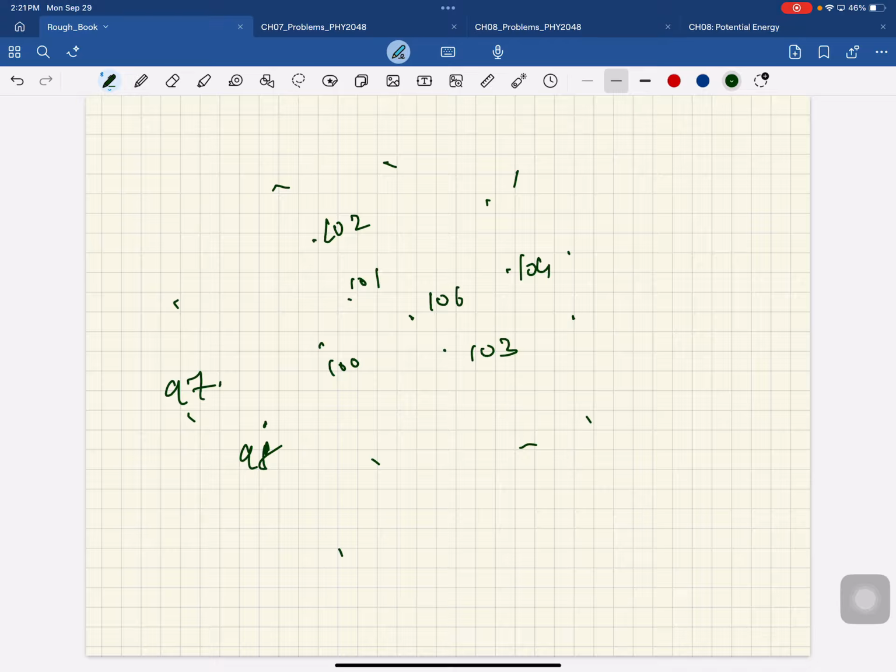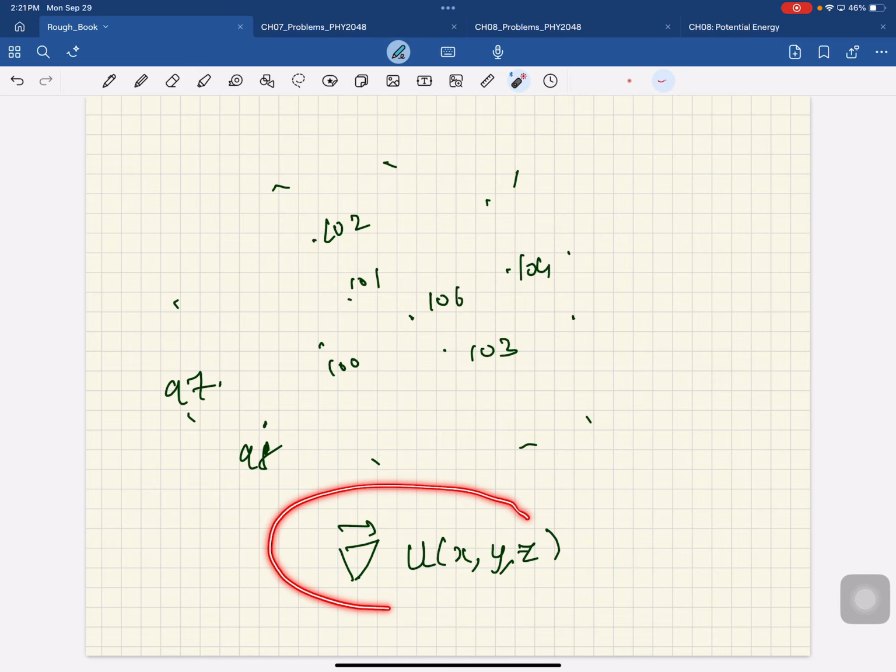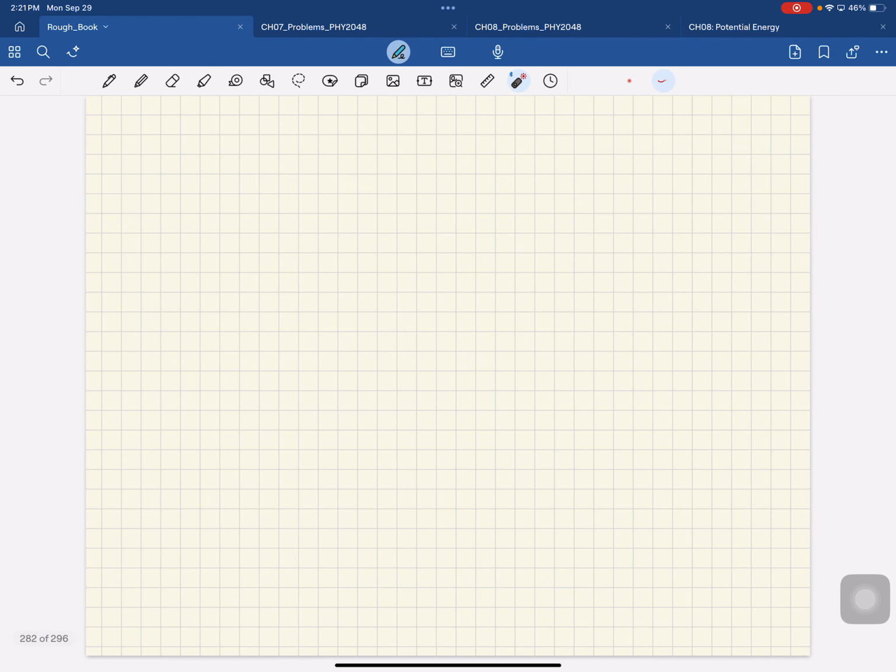That is what the gradient operator does. It tells you the rate of increase and the direction in which it's increasing the fastest. So, U of x, y, z, I'm going to make up an example, x squared y cubed z to the power 4.